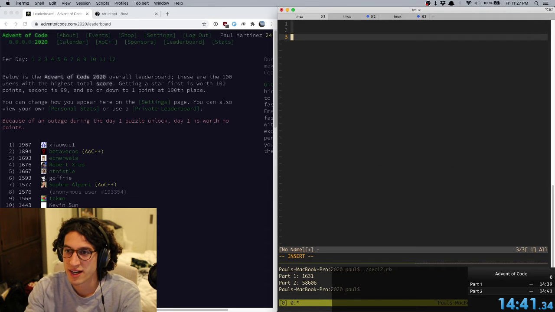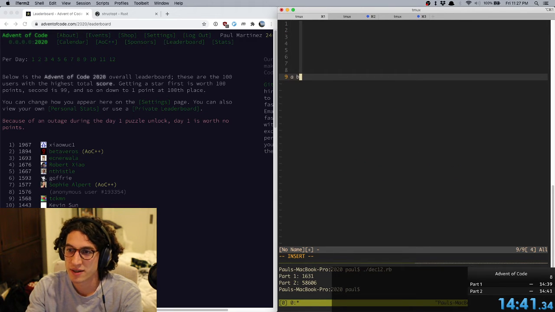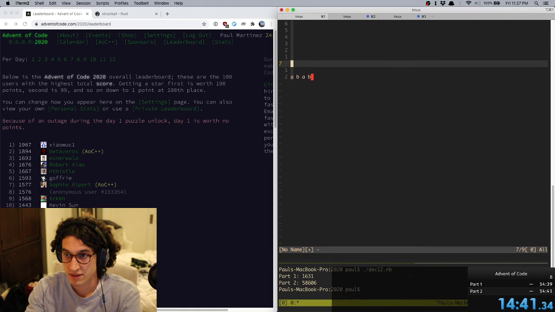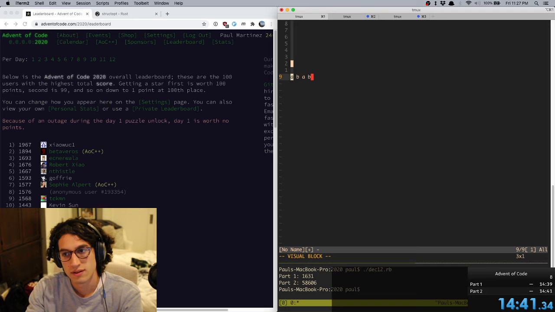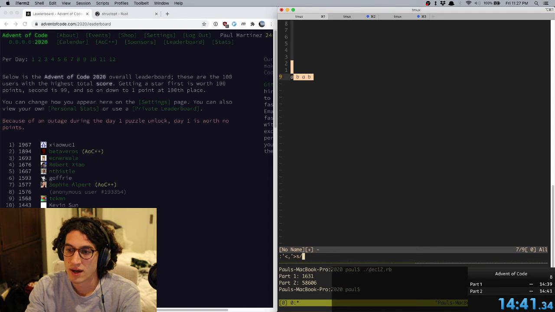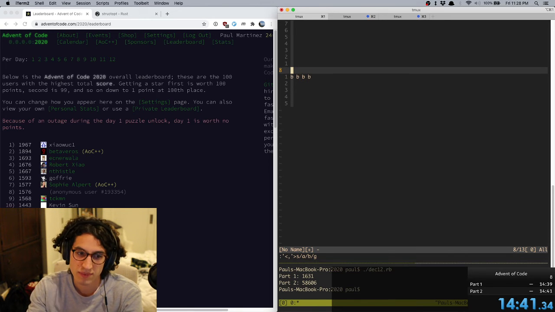In Vim, if you have A, B, A, B, I forgot a G. I did A, B, and then that, but that only replaced the first one, whereas I needed the G to replace all of them.